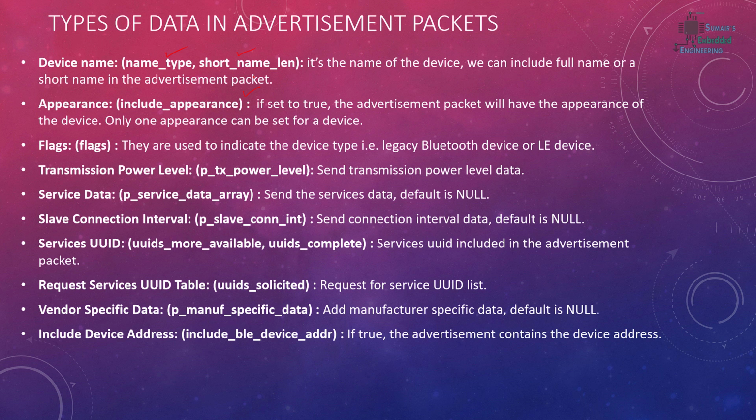For the BLE appearance, our devices have an appearance type, and there are some standard appearances which are defined by the SIG, which is the Special Interest Group. They have a special list of the appearances. We will see the list of appearances as well, and we will see everything. And appearance is basically a type. The appearance will show what is the type of the device that we are communicating with.